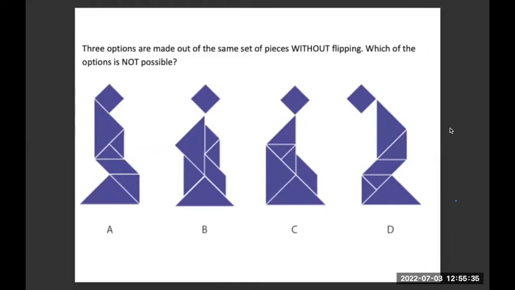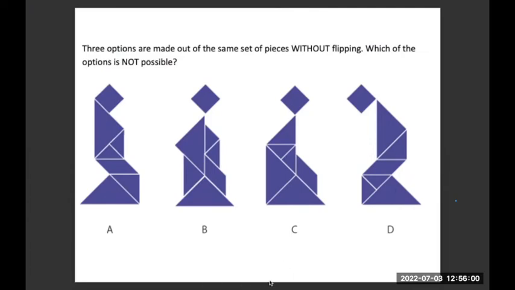Ma'am, I'm not sure, but in option D, I guess the rhombus is the mirror image of the rest of the three. Rest of the three are the same, and the other one is flipped.